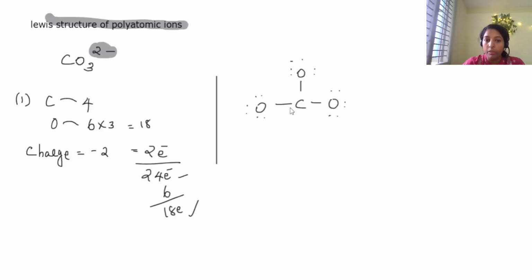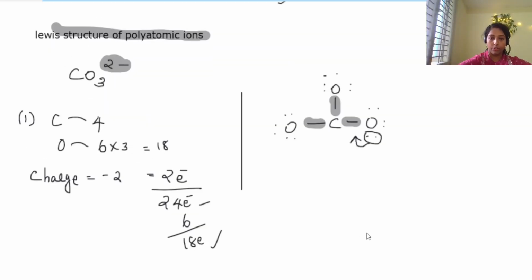Then what to do? Check the octet rule for the central atom. See, what about the central atom? It got 2, 4, 6 only. So it needs two more electrons, right? So again you can do one more delocalization, for any oxygen you can choose. In this way, you can draw carbon.